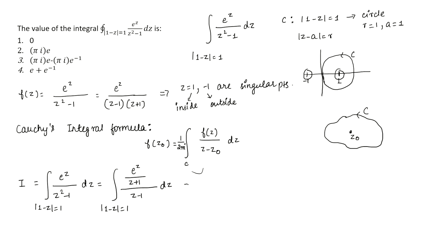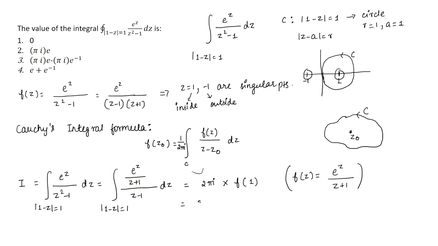Therefore, using Cauchy's integral formula, the value of this integral will be 2πi times f(z0). Z0 is 1, so it is 2πi times f(1), where f(z) here is e^z / (z + 1).